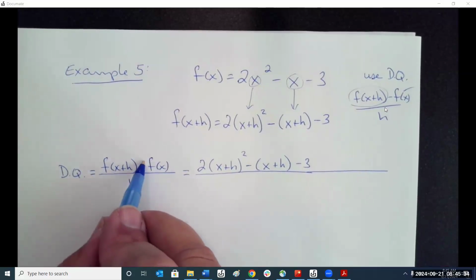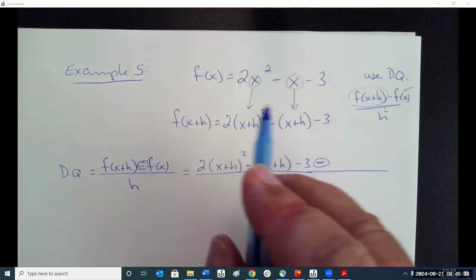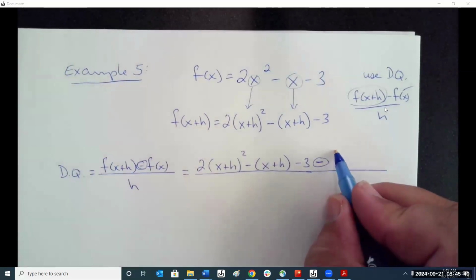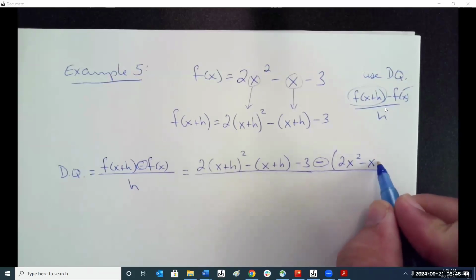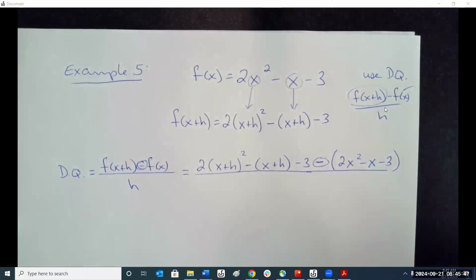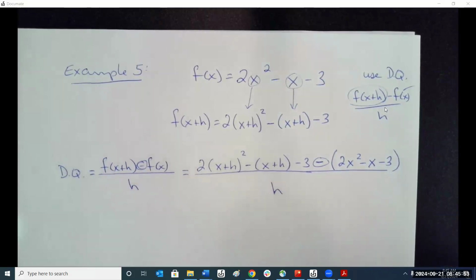That's this part. Minus, here's that minus sign, f of x. Now I have to put that in parentheses: 2x squared minus x minus 3. I have to put that in parentheses because there's a negative in front of it, over h.